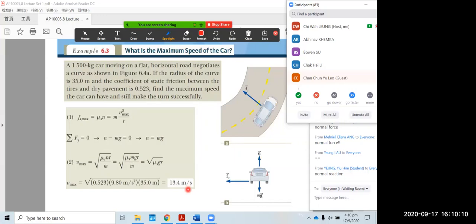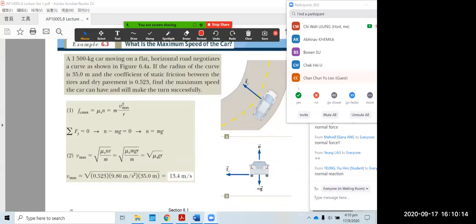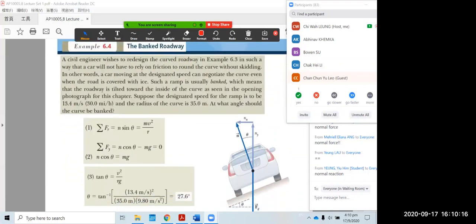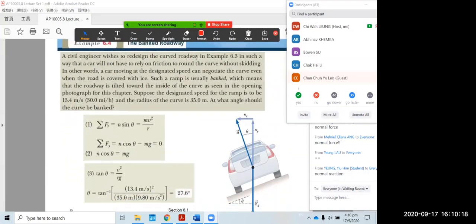If you want to do it faster, a suggestion, according to the next example, would be having a tilt on the road surface. This tilting would allow part of the normal force acting on the car to be used as the centripetal force. So this would allow us to increase the speed when the car is taking the corner.